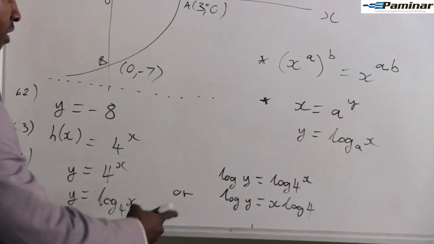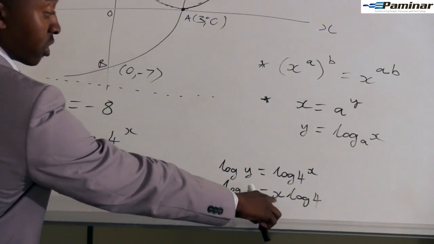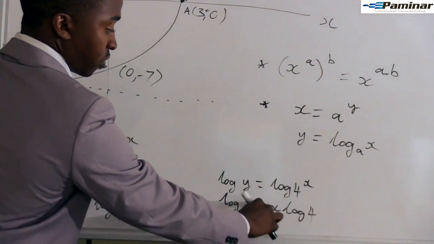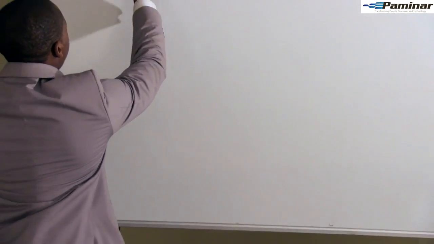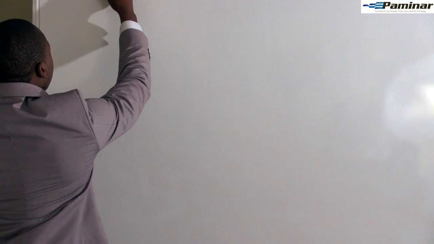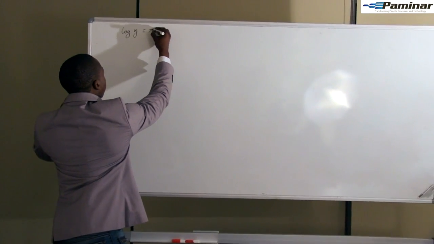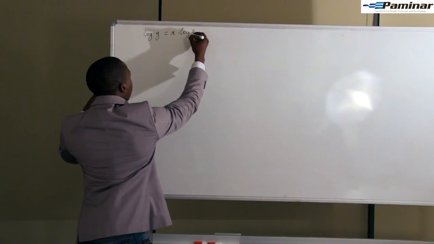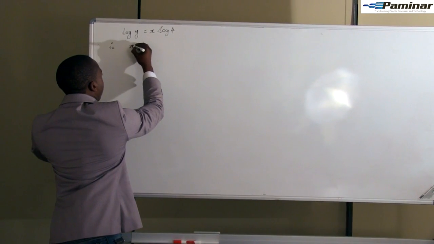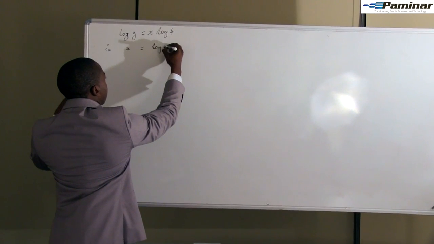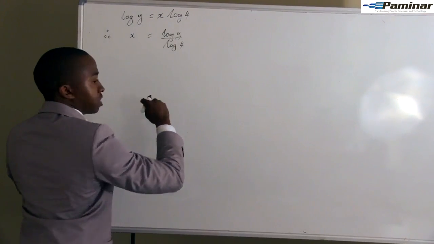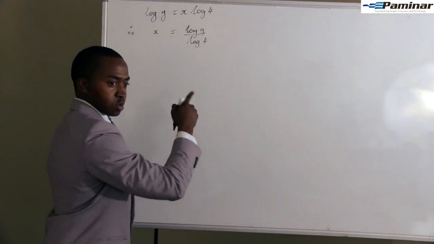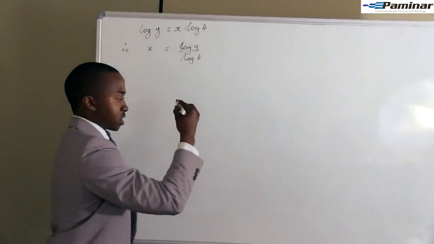Then eventually, we're trying to isolate the x. So the log 4 will go down. So we've got log y is equal to x log 4. Therefore, x will equal log y over log 4. Then the last step is to change your x's to y's and y's to x's.